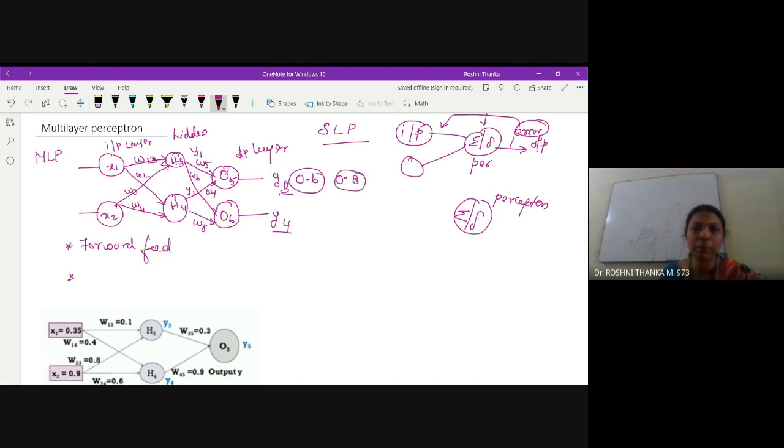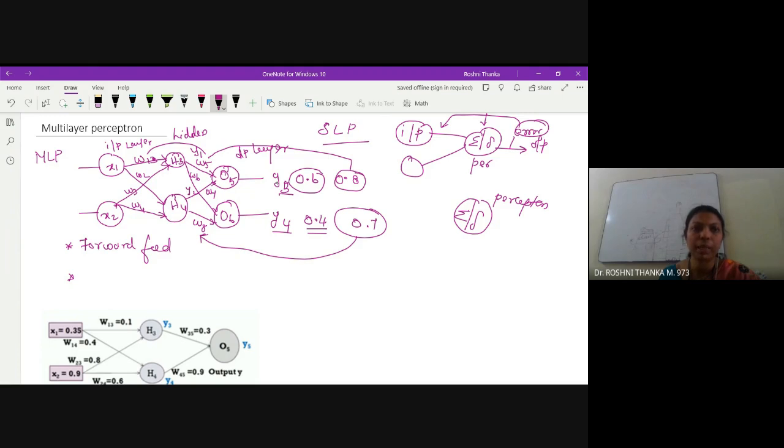We know that we'll be finding the difference, and based on this error, we'll be going back and updating the weight. And again, we may be having the expected output of this as 0.4, but we may be getting it as 0.7. So again, there is an error. So what we'll do? We again backtrack, go back and update the weights that are related to the output. All these weights will be updated.